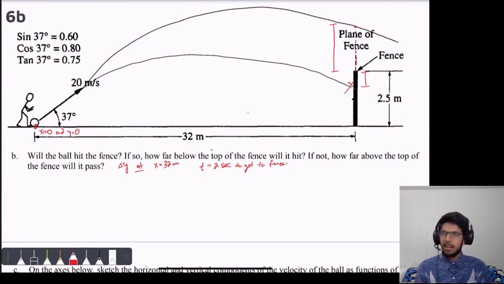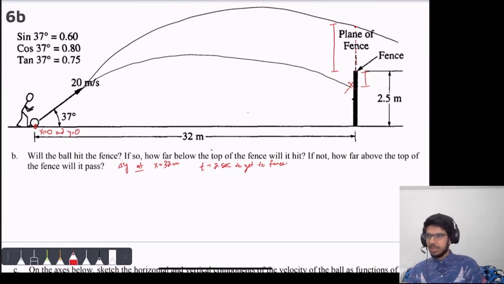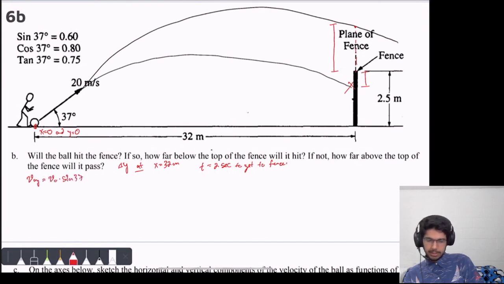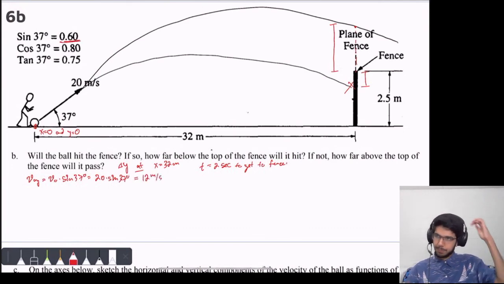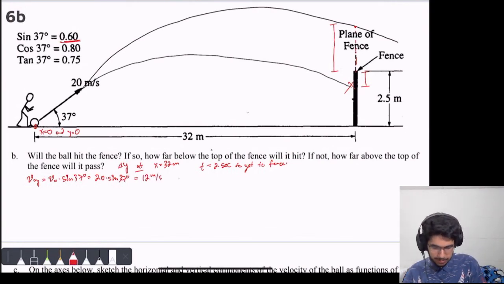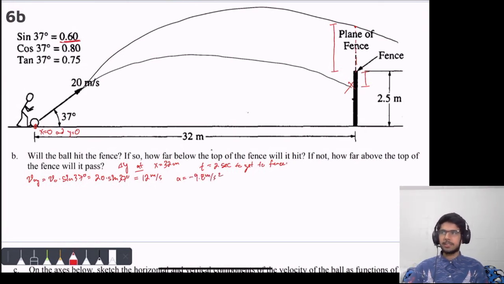So let's look in the y direction. We know that v naught y, the initial y velocity, is equal to v naught times sine of 37 degrees. So that's 20 times sine of 37 degrees, and that is equal to 12 meters per second. We know acceleration is negative 9.8 meters per second squared, and time I already said is 2 seconds.